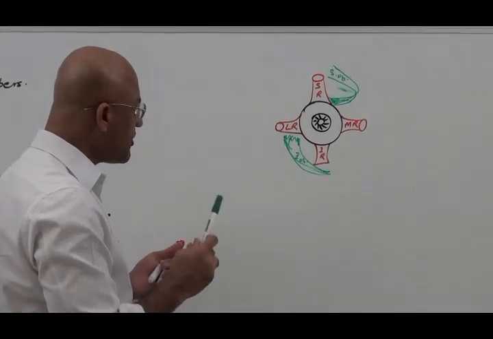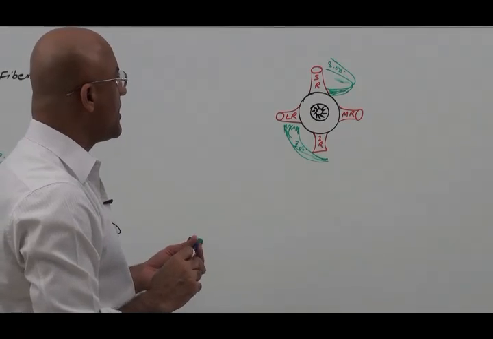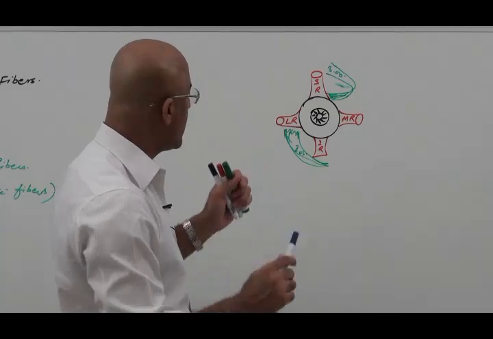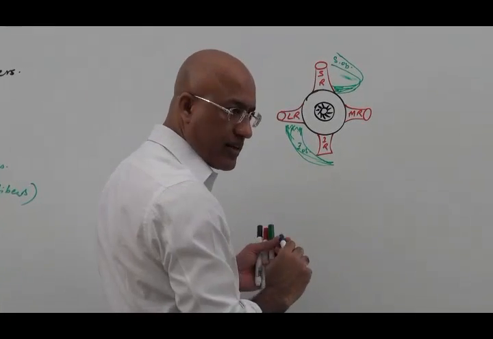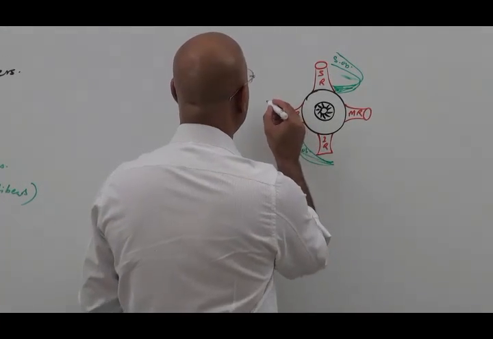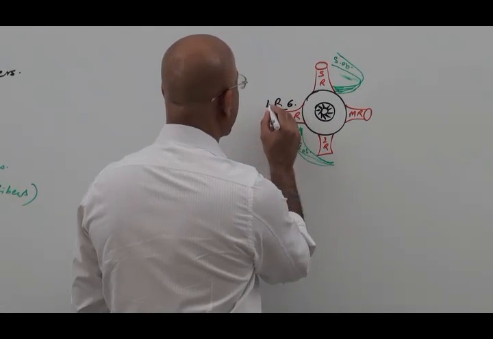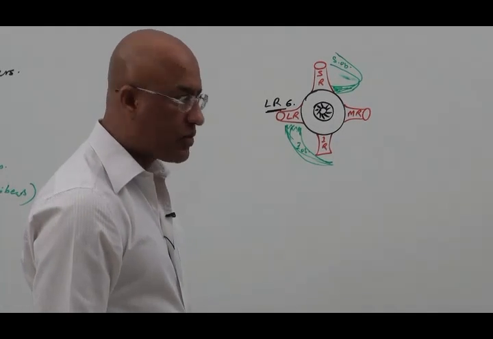Now, as you know, the third cranial nerve supplies all the extraocular muscles except two, right? Number one, it does not supply the lateral rectus. You know lateral rectus is LR6, supplied by the abducent nerve or sixth cranial nerve.